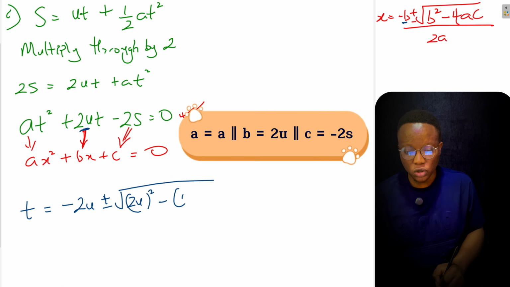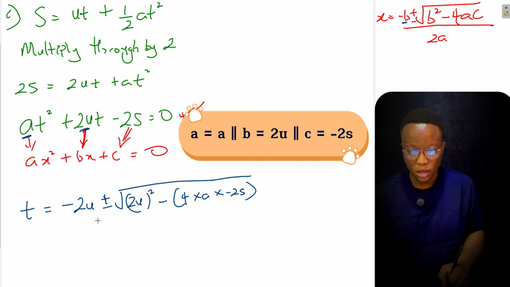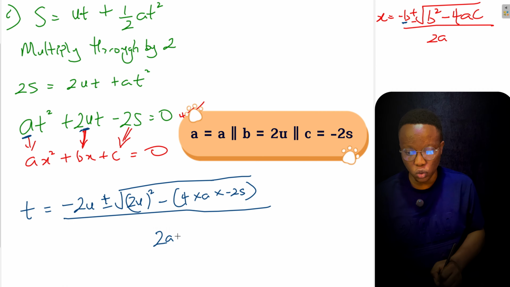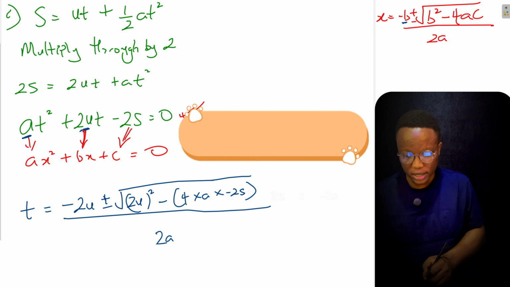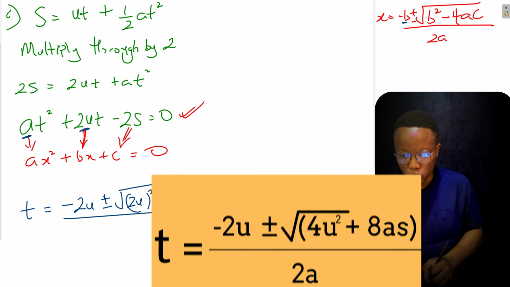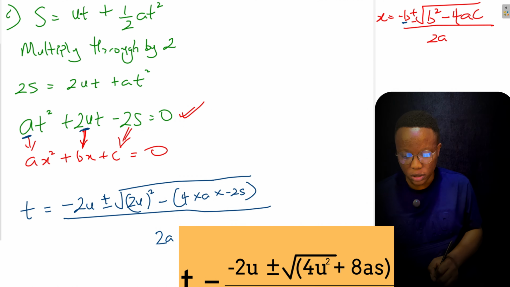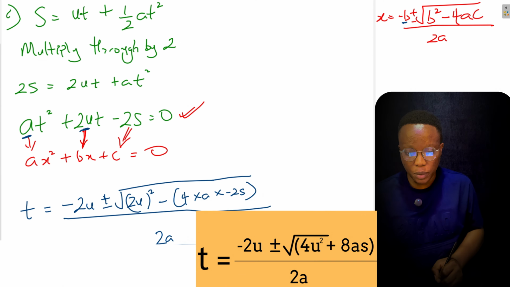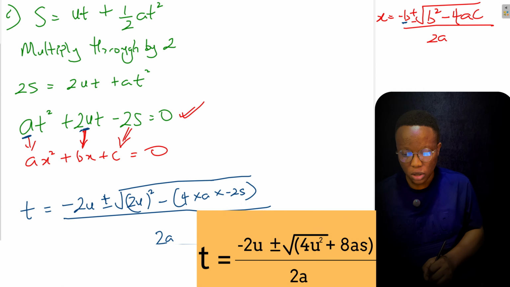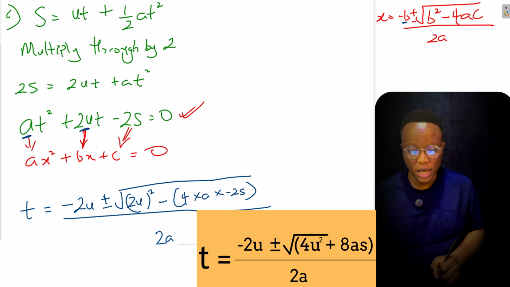Minus 4 multiplied by a, where a is still the coefficient of t squared here, multiplied by negative 2s, which is our c in this situation, all over 2a. Now we can decide to simplify that. Therefore, t is equal to negative 2u plus or minus the square root of 4u squared plus 8as all over 2a. And that settles it.